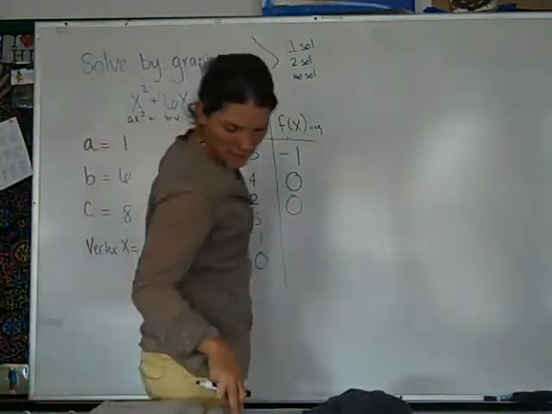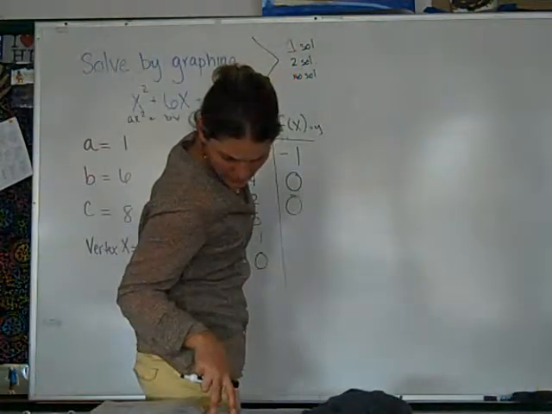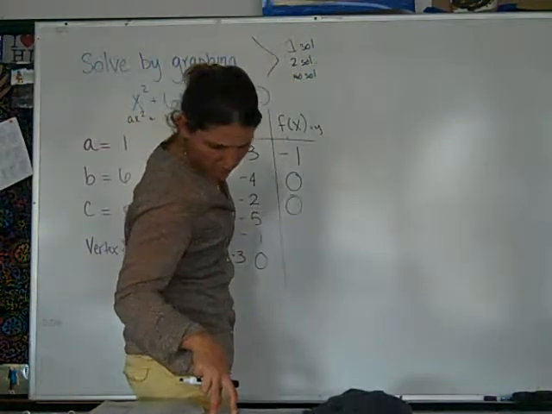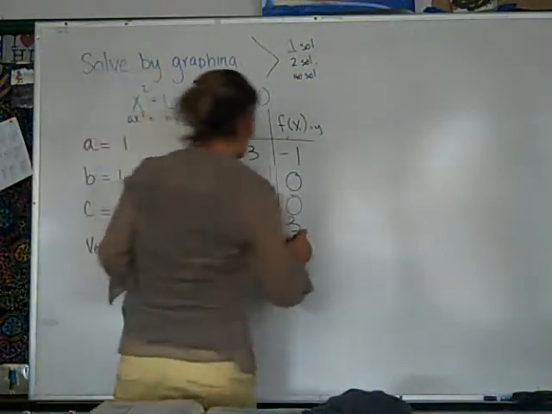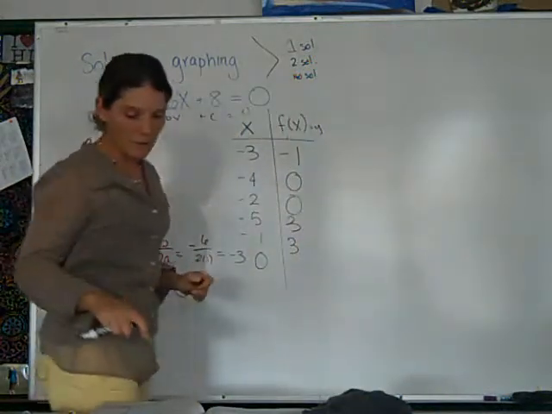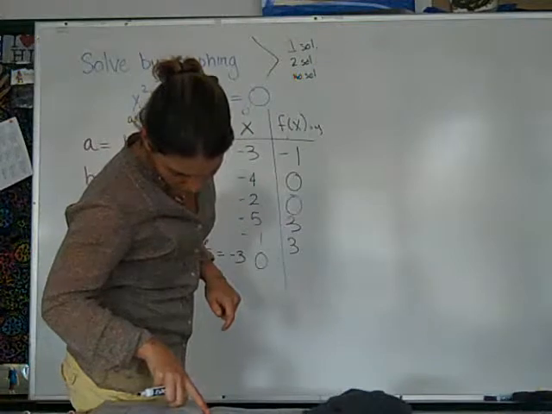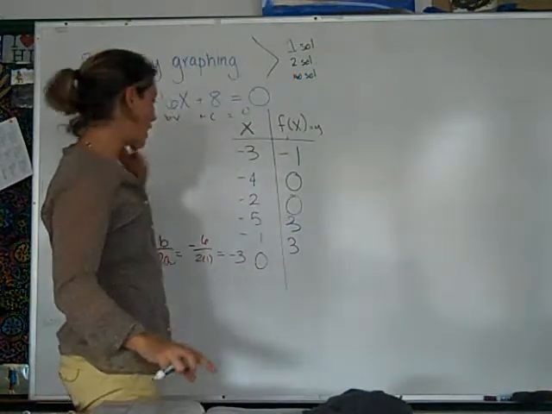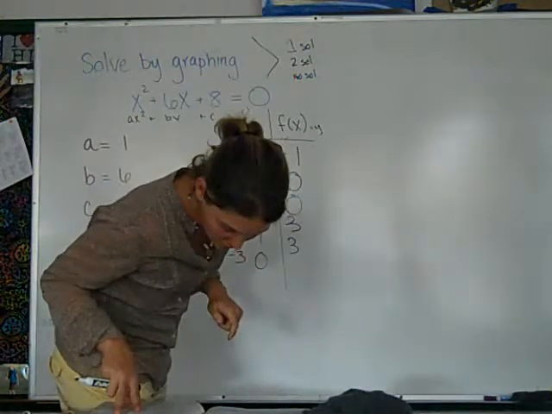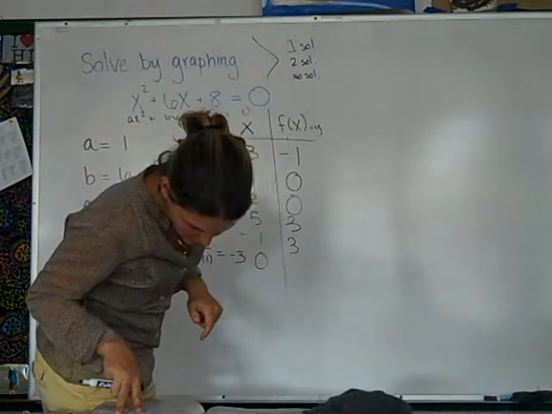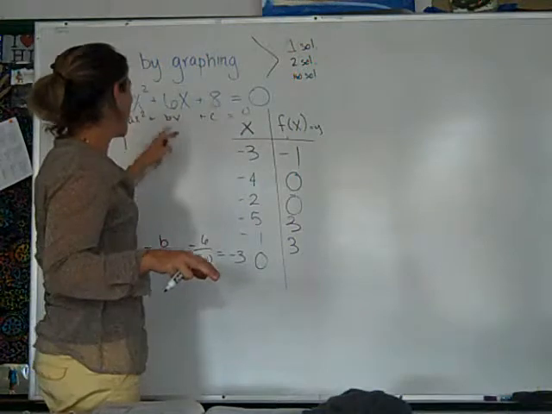What if I plug in negative 5? Negative 5 gets me 3. So negative 1 should also get me 3. And if I plug in a value of x for 0, it's higher and way off my graph. You should get some really high value, 8 or something.